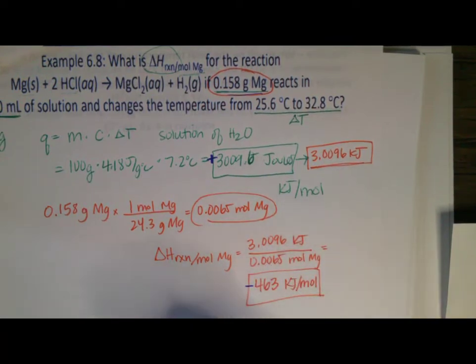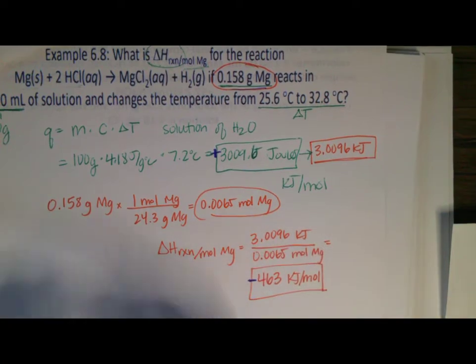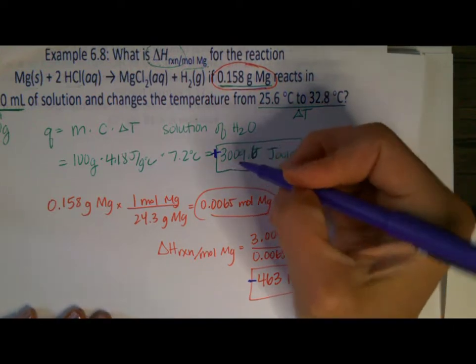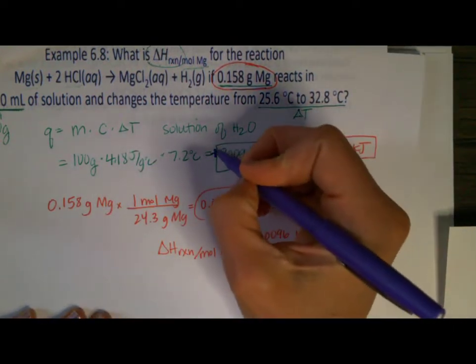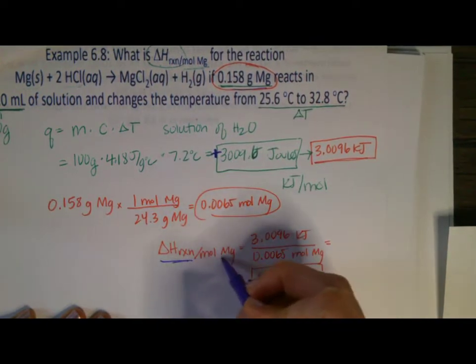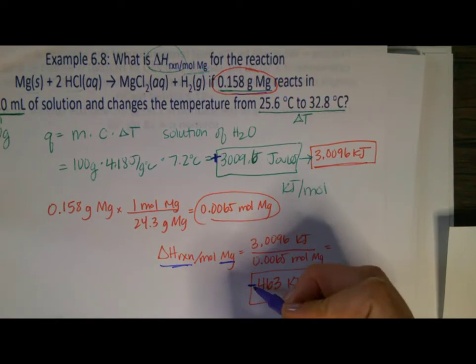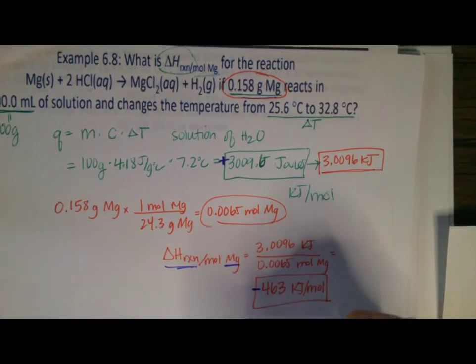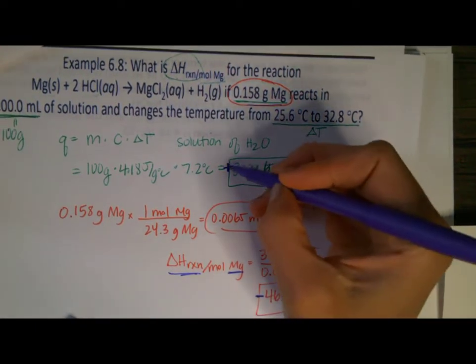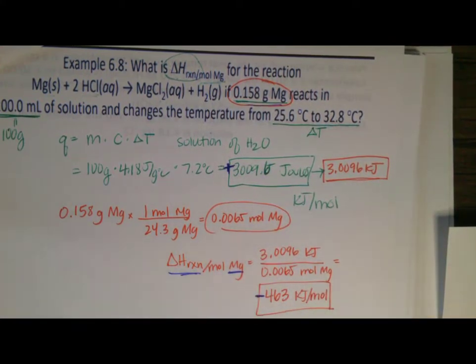So this delta H, we need to show with a negative sign that it is releasing heat. So if the water is absorbing that energy, that means that the reaction, the magnesium that was placed in it, was releasing that heat. So just to make sure that we were hearing that and seeing that, I got to show that this is a positive, so this must be a negative.